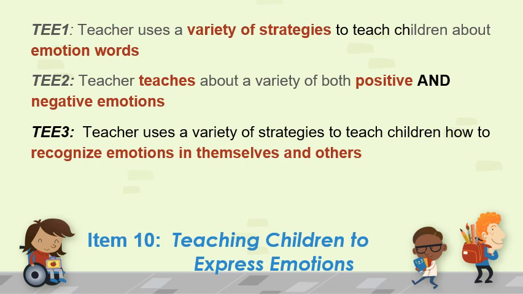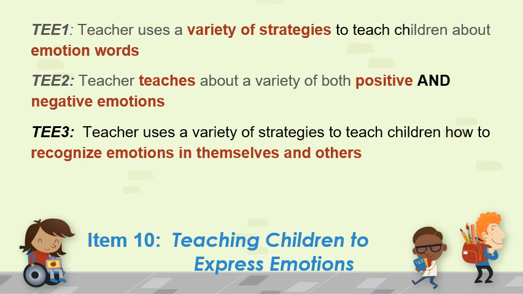In terms of variety, they are looking for at least 2 strategies or 2 different types of materials. For example, talking about emotion words, reading books with emotion words, drawing pictures, using puppets to talk about emotion words, and/or commenting on child's emotions or facial expressions using emotion words.